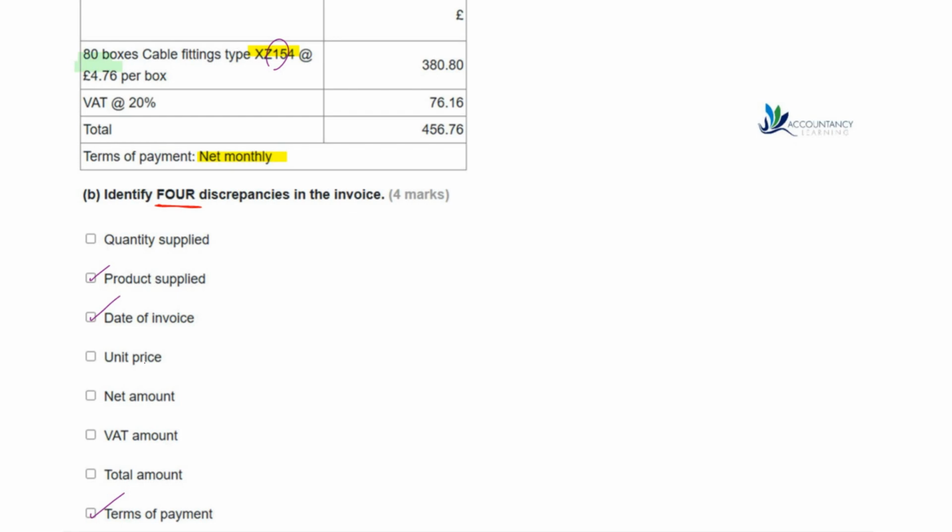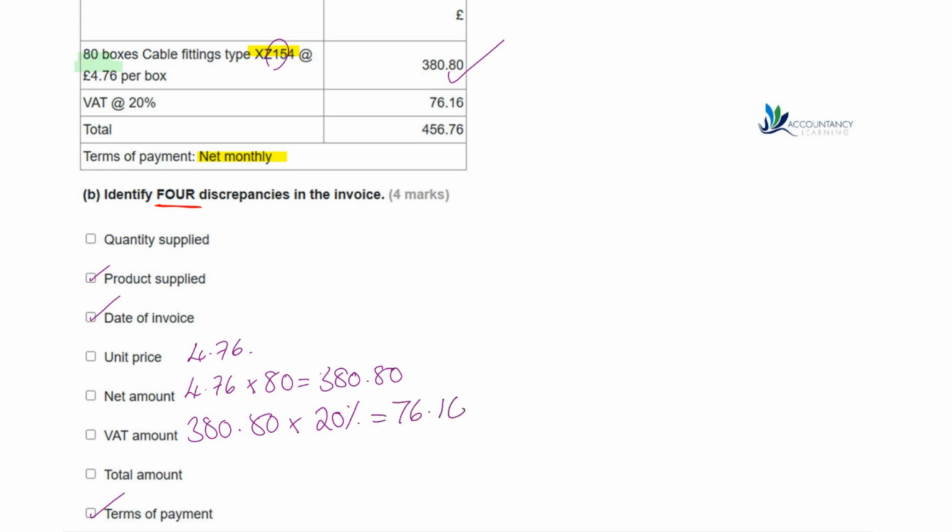So we know the unit price is fine, so that was at 476. So the net amount should be 476 times 80, which equals 380.80. So that's correct. The VAT amount will be 380.80 times 20%, which is 76.16.